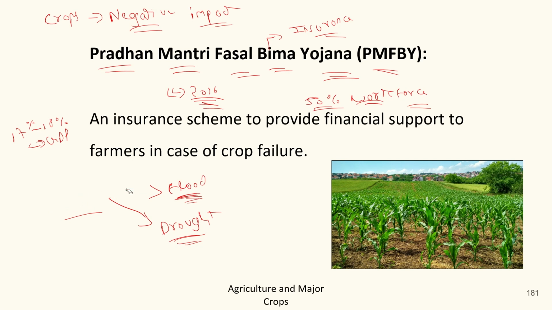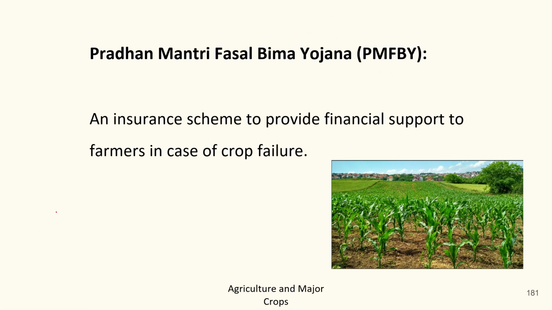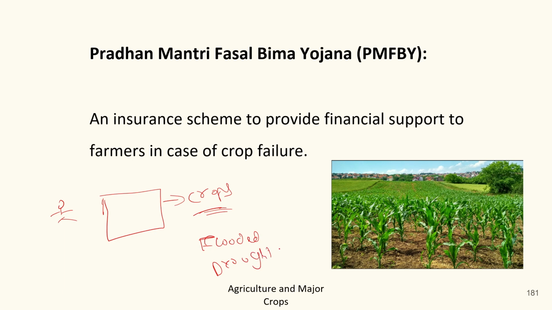Under this, the government decided to provide insurance to the crops. And what was that insurance? Let's take an example. He is a farmer. He has this land, and in this land he has some crops. And he knows his region may be flooded or maybe in drought.